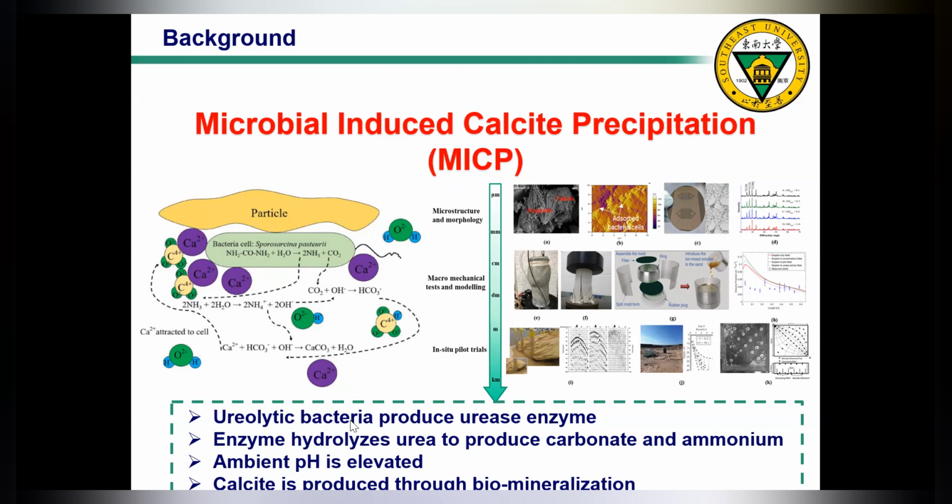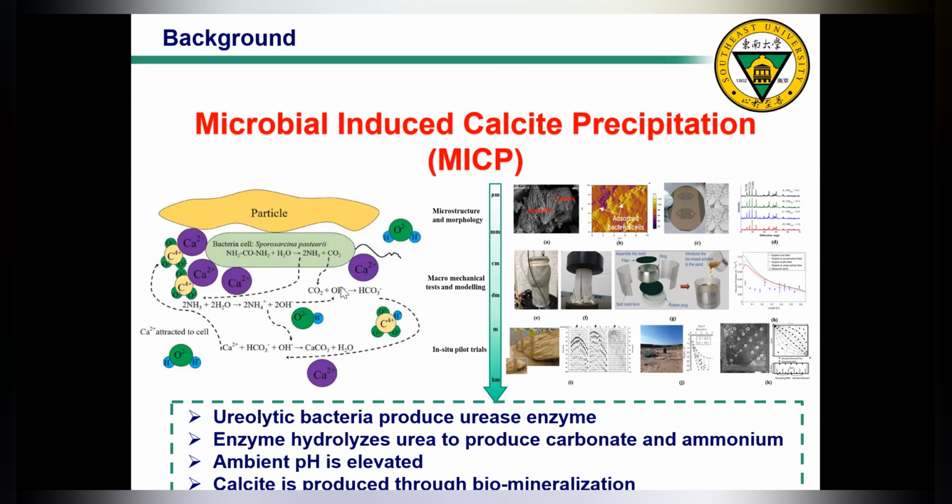This enzyme then hydrolyzes the urea to produce carbonate and ammonia. At the same time, the environmental pH is also elevated.